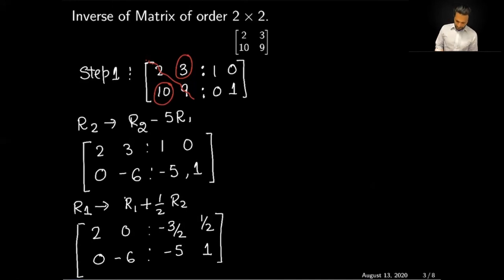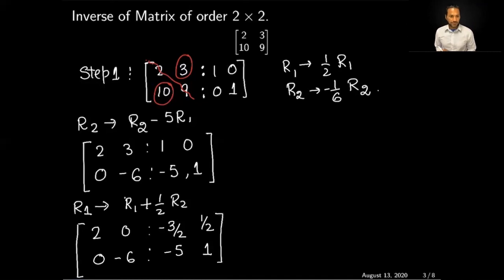Now we will apply 2 more operations: multiply R1 by 1/2, and multiply R2 by -1/6, to turn the diagonal entries into 1.